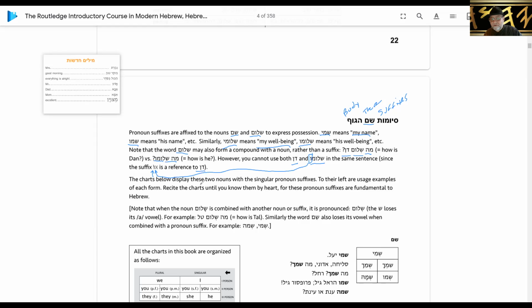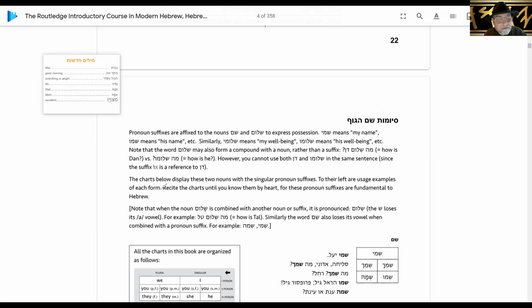So in other words, it would be kind of like in English if you were to say, how is he, Dan? If you're referring to, say, your friend, and it's a male friend, in English it would be, how is he? You wouldn't say, how is he, and then follow up with his personal name. I mean, that doesn't make sense. That's kind of what's going on here.